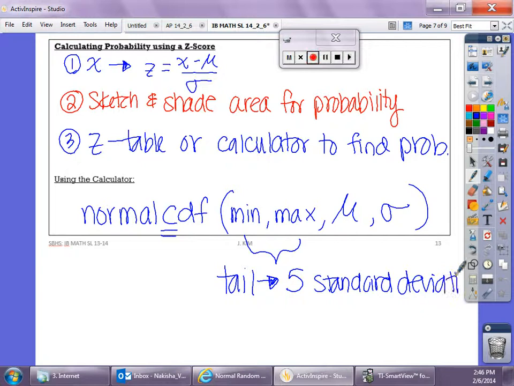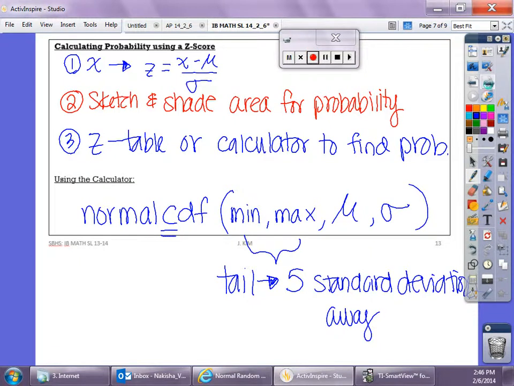Which is why I used 0. I could have even used the negative value. I understand that there's no negative IQs, but given that the data turns into just a number line of values, I could have used negative 100. It'll give me the same exact probability.